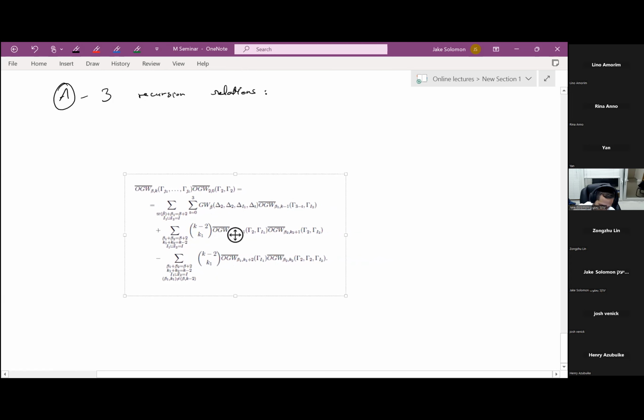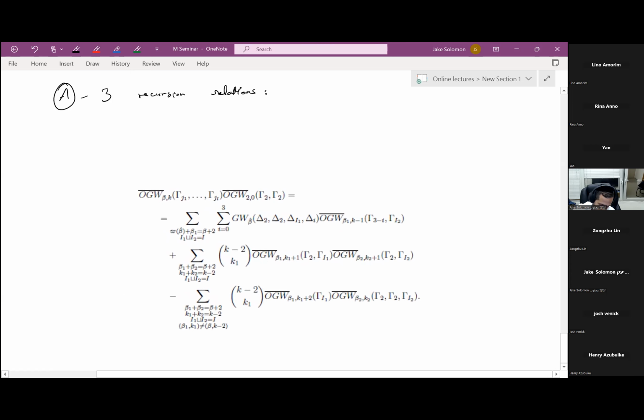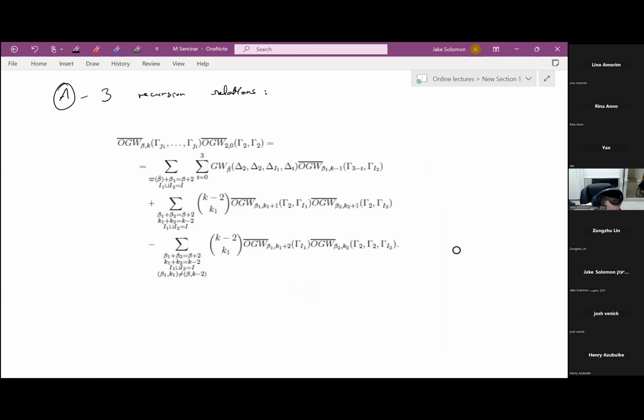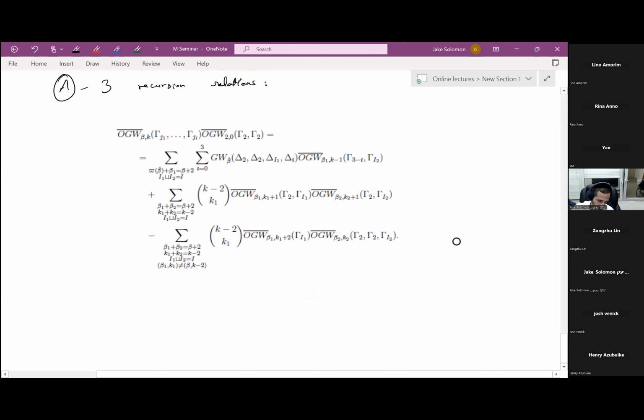And at first glance, it doesn't look very different than any other WDVV relation. I hope it's visible. So here the gammas, by the way, are the classes. Gamma I is the class of omega I inside of H2I(X, L). I never said what this meant, but it's basically relative cohomology.